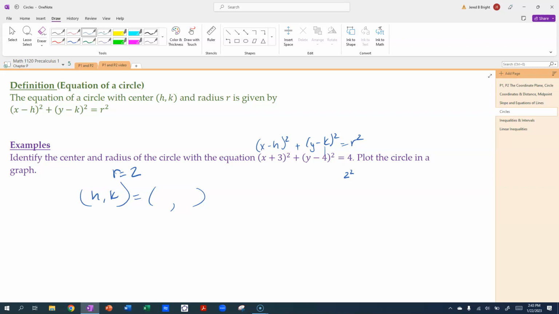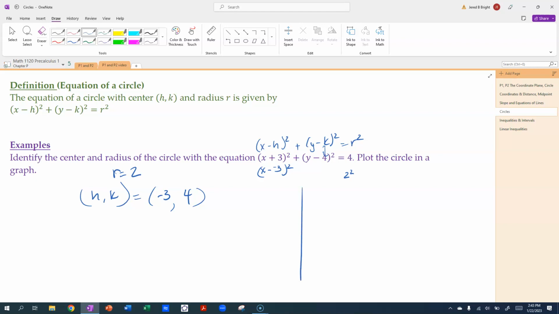Just by comparison, I can see that k is 4. For h, the signs don't match, so I can represent this x plus 3 as x minus negative 3. Whenever we see plus, remember that we can write that as minus a negative. So we have our center at negative 3, 4.